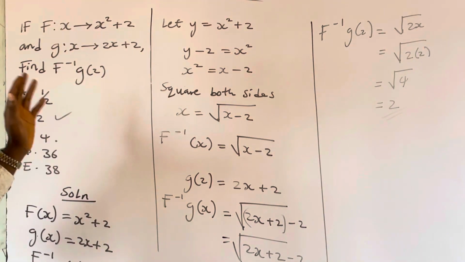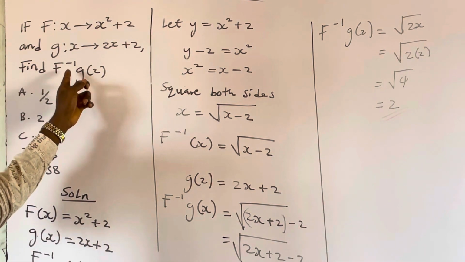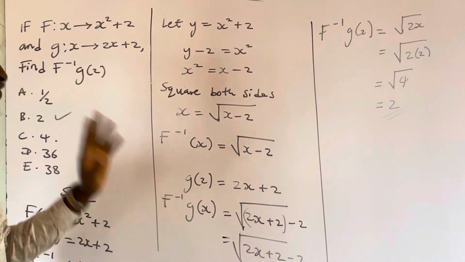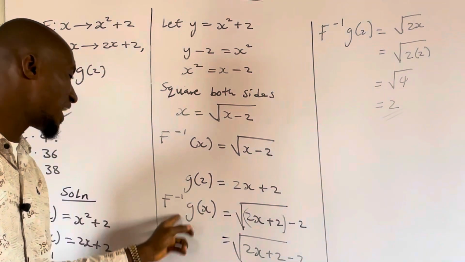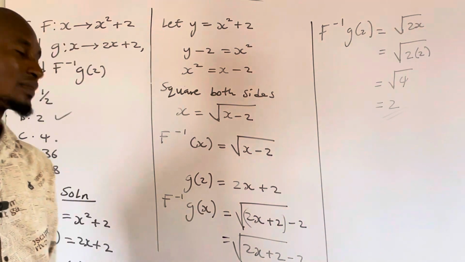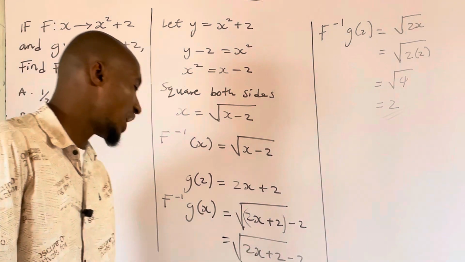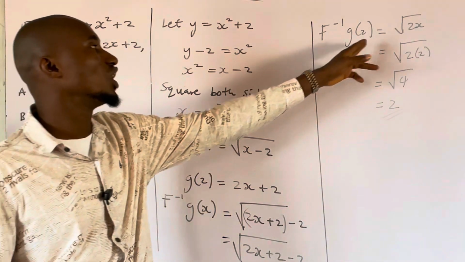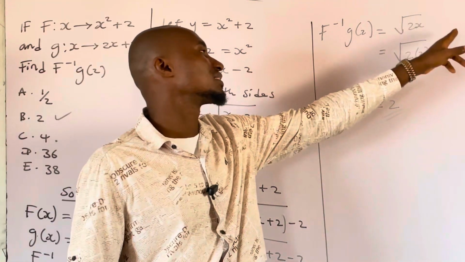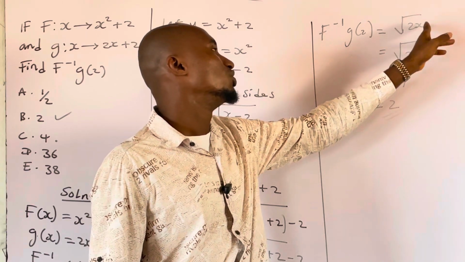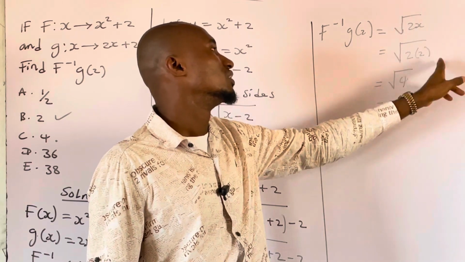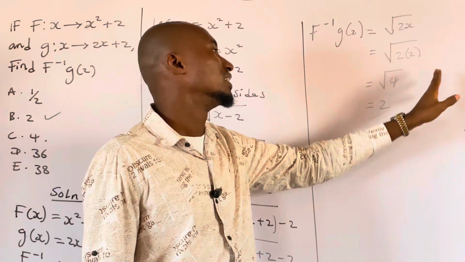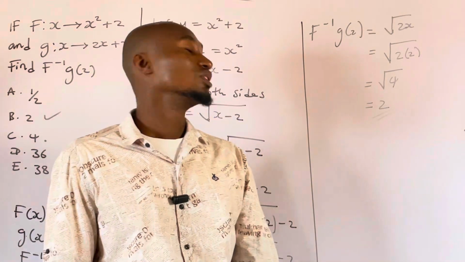So before we could find f inverse g of 2, first of all, you're going to find f inverse g of x. That was what we did here, and we got root 2x. So to find f inverse g of 2, we're going to have root 2x, and anywhere you see x, you input 2 there. We got root 4, and that is 2.